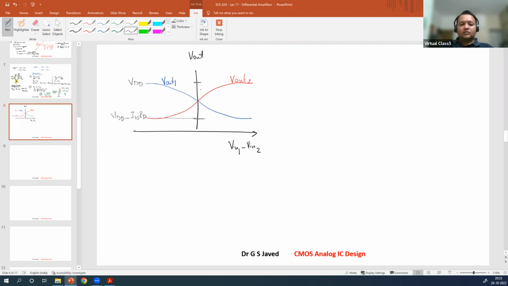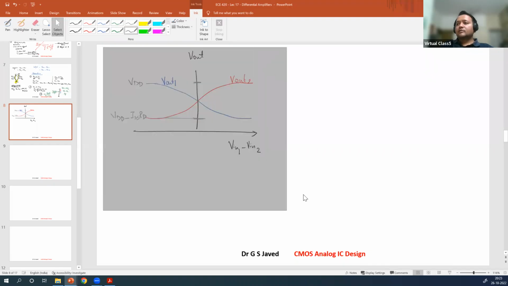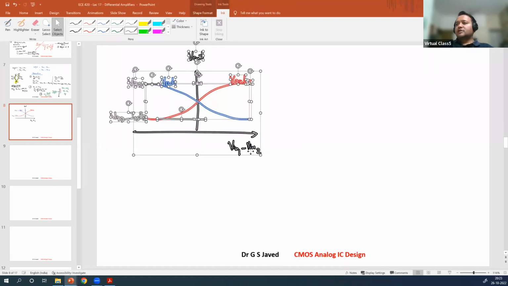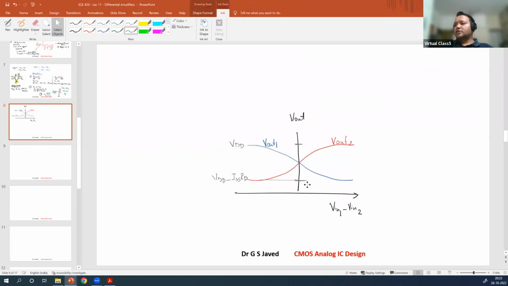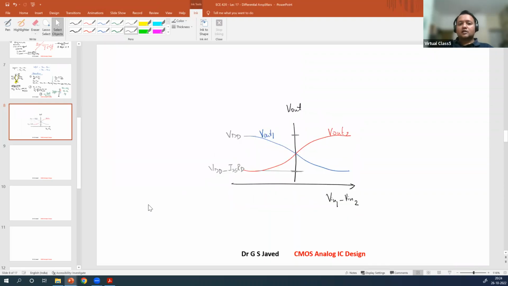Now in this waveform, what do you additionally observe? What I would like to draw your attention to is the maximum slope and minimum gain. So what is the gain and slope information?